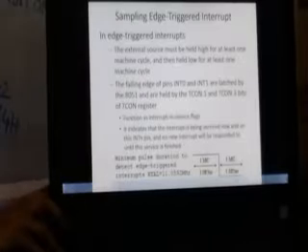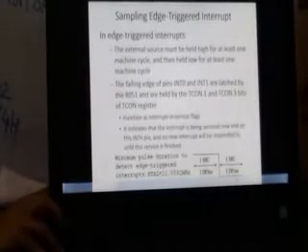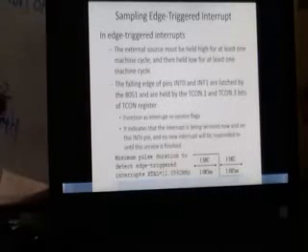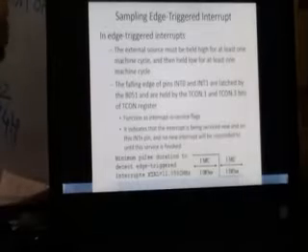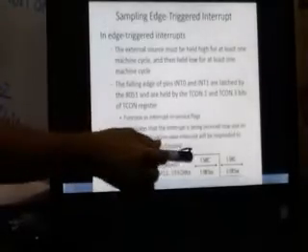Just like the sampling of level triggered interrupts we have seen, in the same way we will see a little bit of theory about sampling of edge triggered interrupts too. For edge triggered interrupts, the external source must be held high for at least one machine cycle. See the diagram over here.